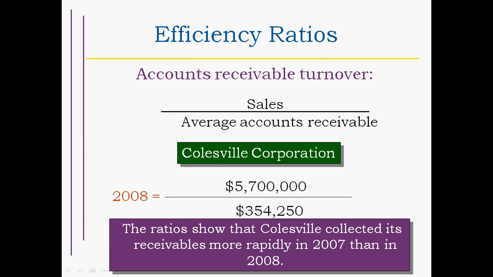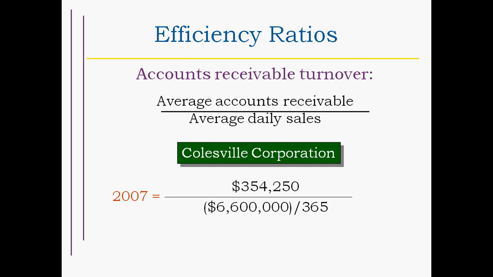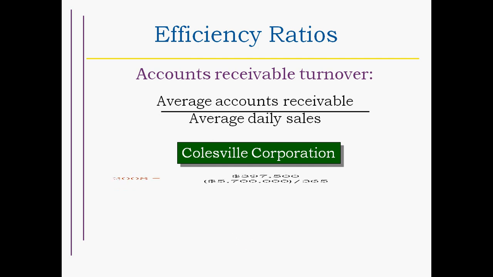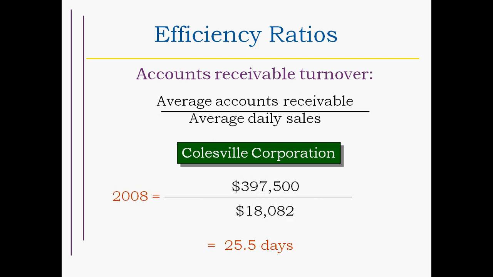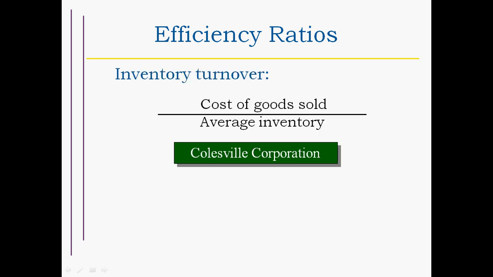The ratio showed that the corporation was collecting its receivables more rapidly in 2007 as compared to 2008. Now the receivable turnover in days: 19.6 days, and 2008 is 25.5 days. So there is some analysis using these receivable turnovers in terms of days.